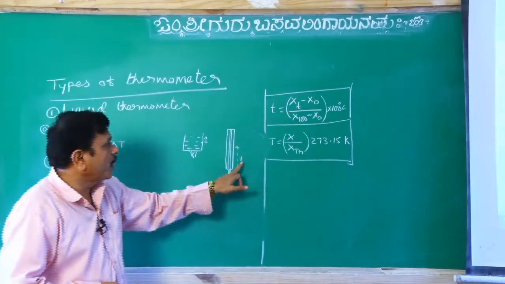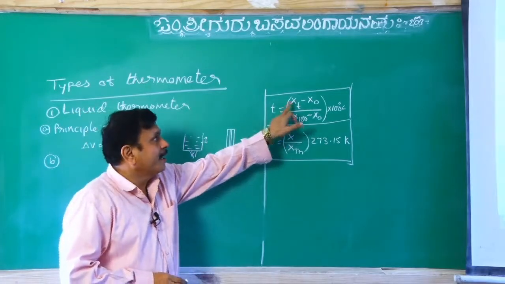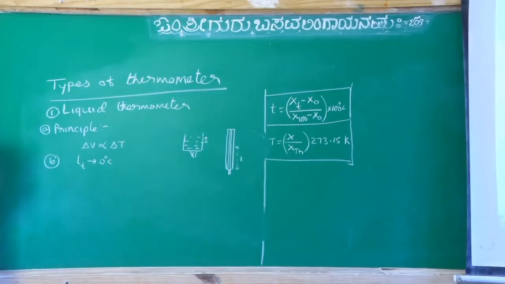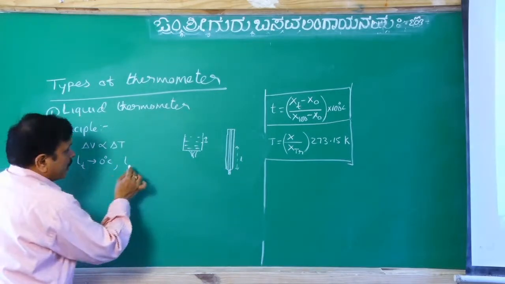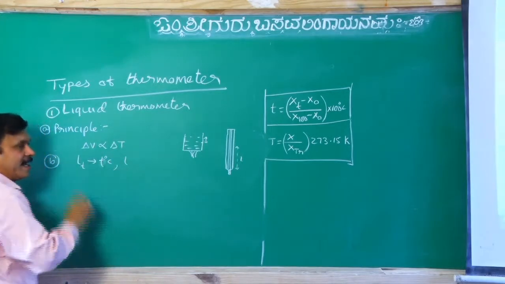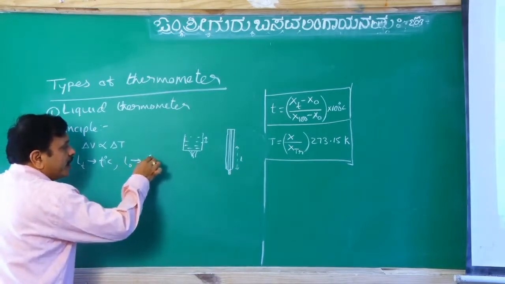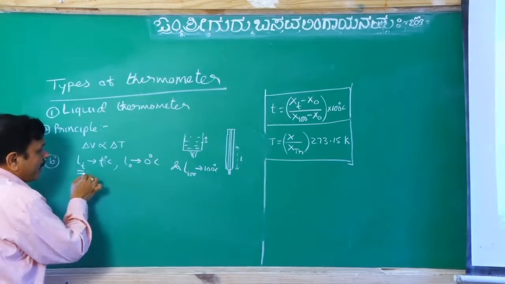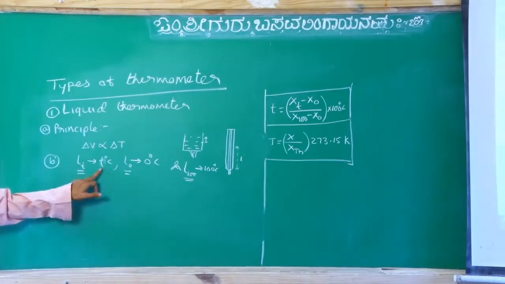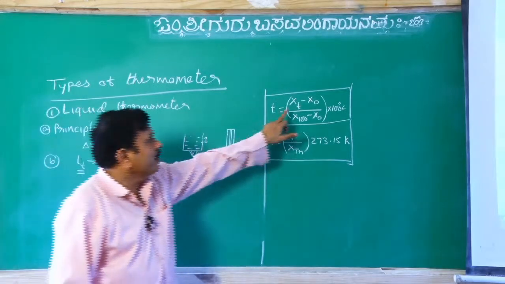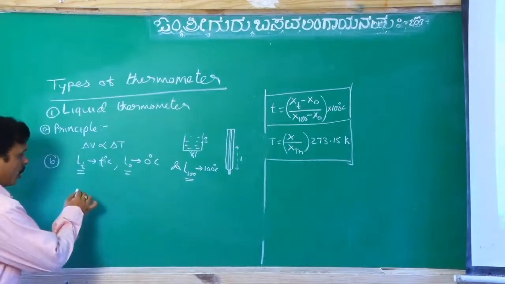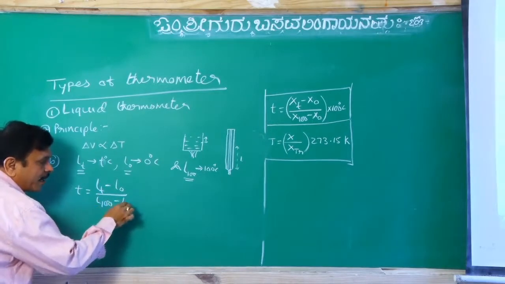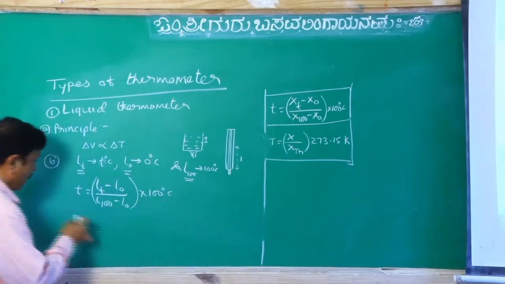So in place of X, we read L. If we take L_T as the length at temperature T degrees Celsius, L_0 as the length of the mercury or liquid at 0 degrees Celsius, and L_100 as the length at 100 degrees Celsius, so here our parameters are L_T, L_0 and L_100. These can be substituted in place of X. So we can write temperature T as L_T minus L_0 divided by L_100 minus L_0 into 100 degrees Celsius.